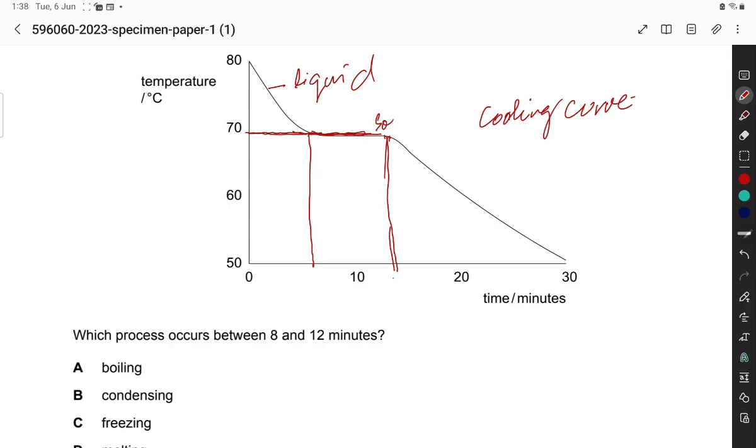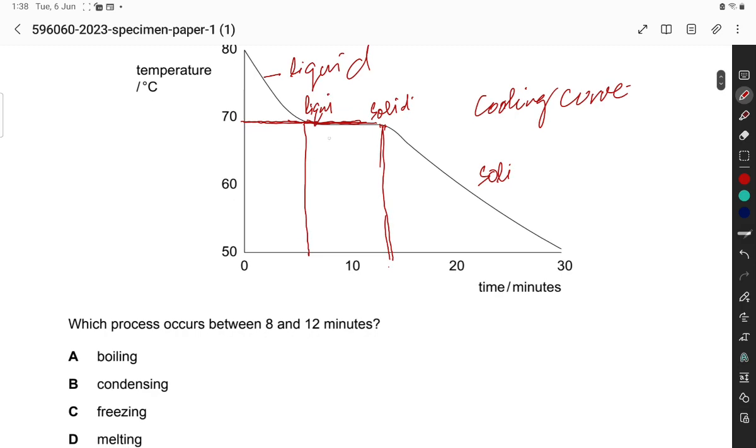So at this point it is solid, and over here solid. Liquid and solid. The liquid starts solidifying, and till 12 minutes all the liquid is converted into solid. So this is the freezing point.